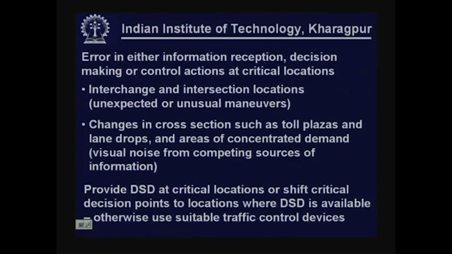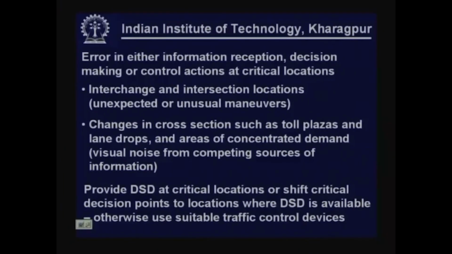So, in those conditions, decision sight distance is provided, which will give a sight distance value higher than the stopping sight distance. So, the idea is at all complex or critical locations provide decision sight distance, in short DSD, or shift critical locations to places where decision sight distance is available.